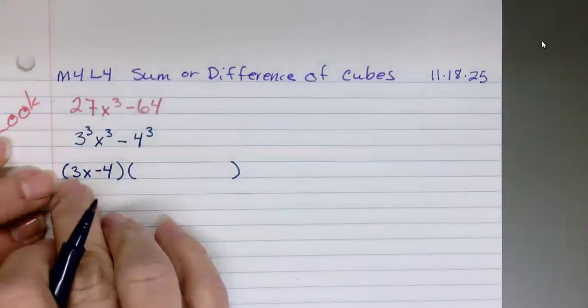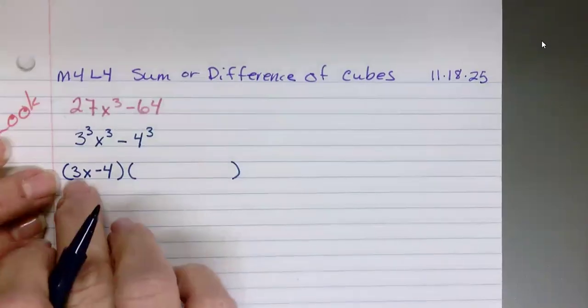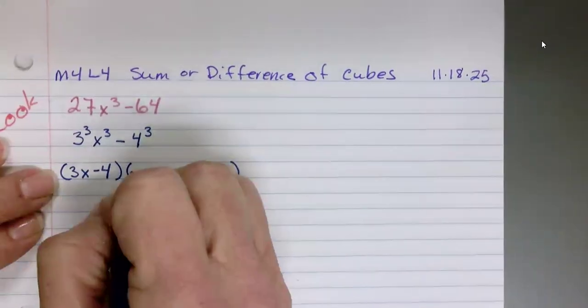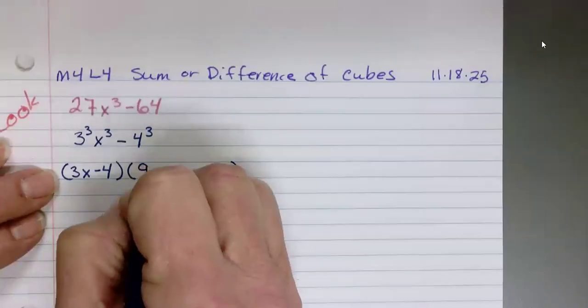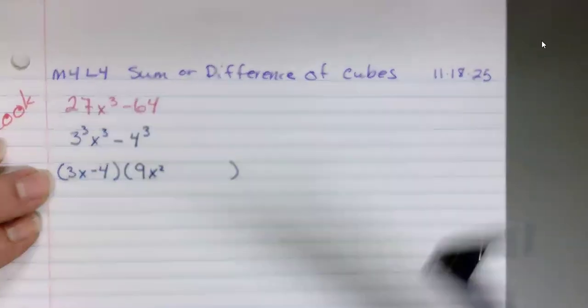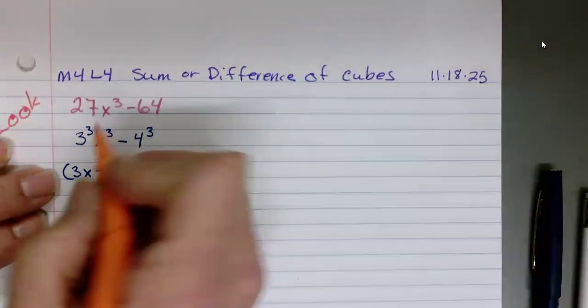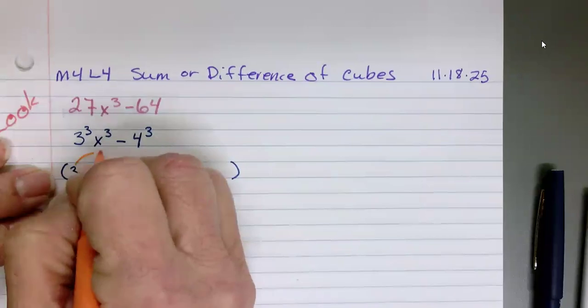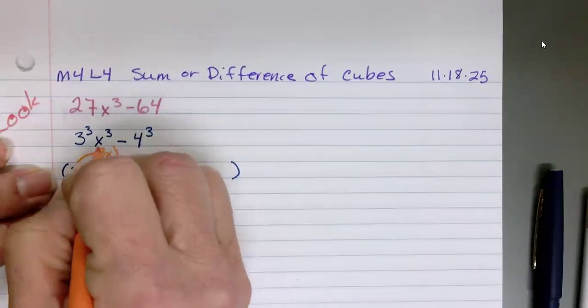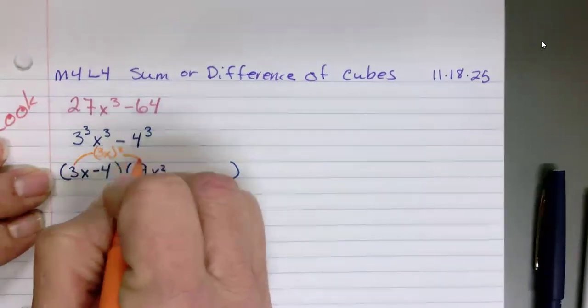So the first term is going to be this term squared. So 3x squared is 9x squared. I am going to draw a little line to show you what happened there. We went 3x squared to get that term.